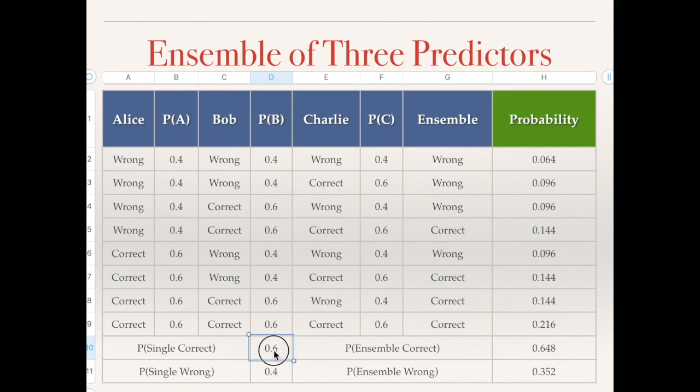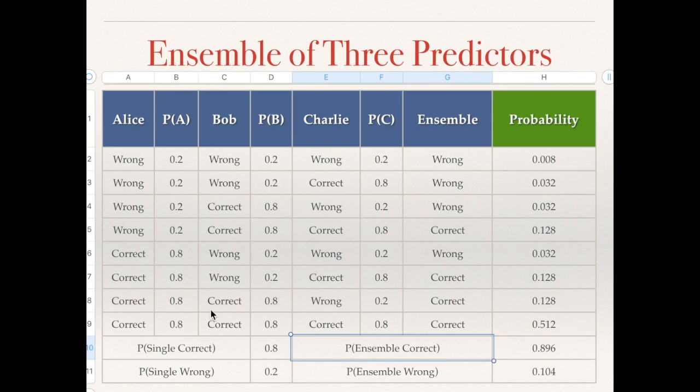I made this table, so I think we can change this number to have a look at different situations of how the predictors perform. Like we can change this into 0.8. In this case, the chance of getting a correct prediction by the ensemble increases to 89, nearly 90%, and the gain also increases.